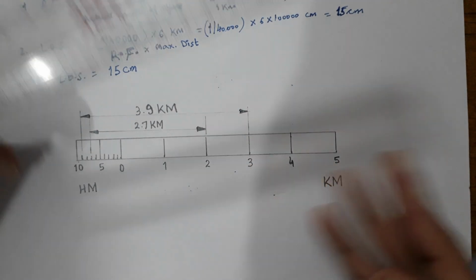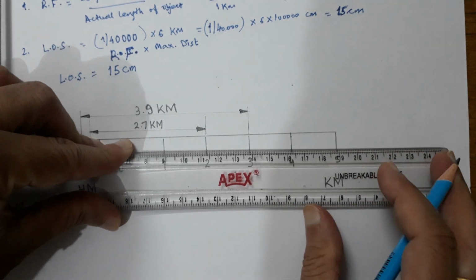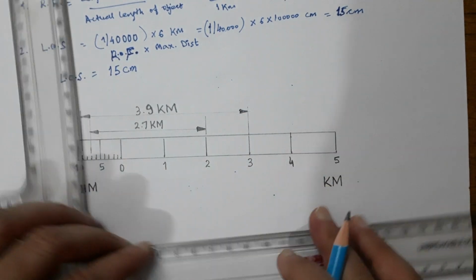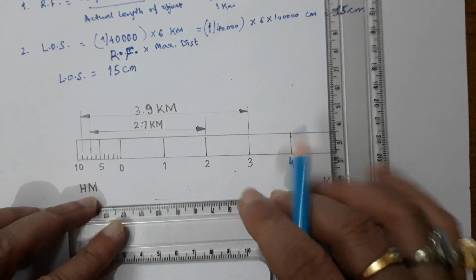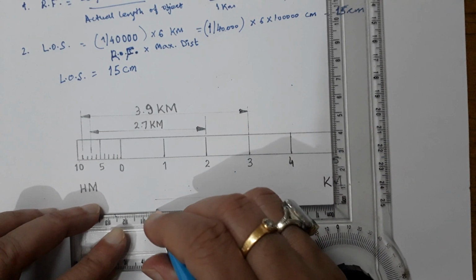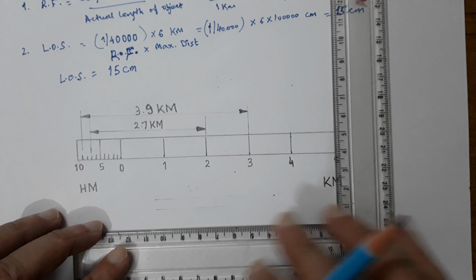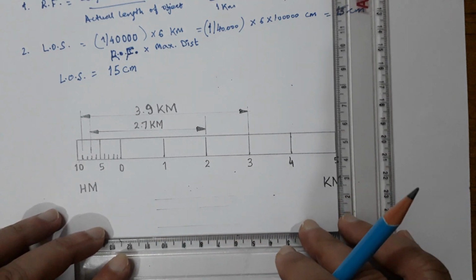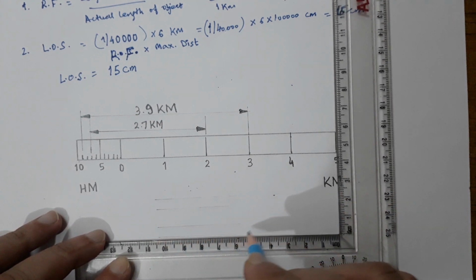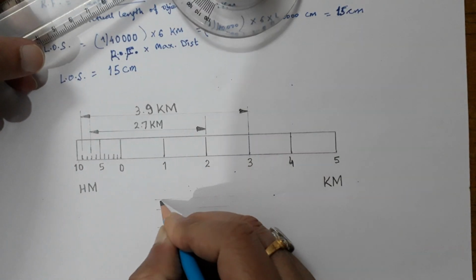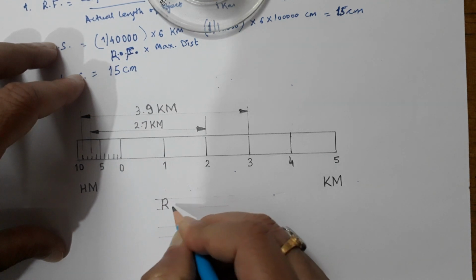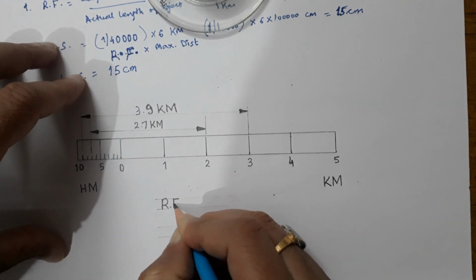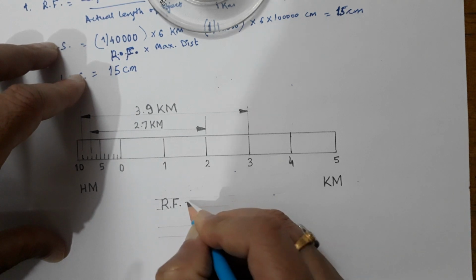You can also mention the RF here, and you can also mention the LOS. I am taking some suitable height of the letters. So I am just writing RF. All these alphabets are to be written as per the standard.